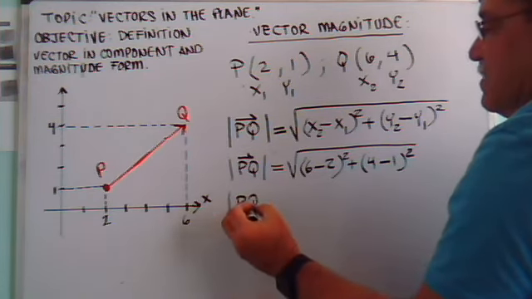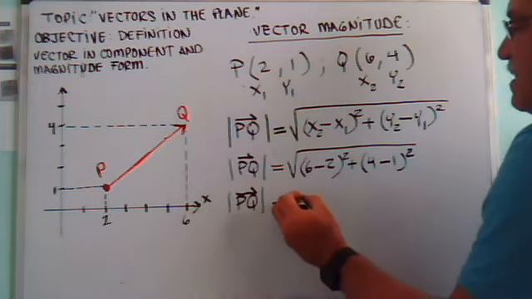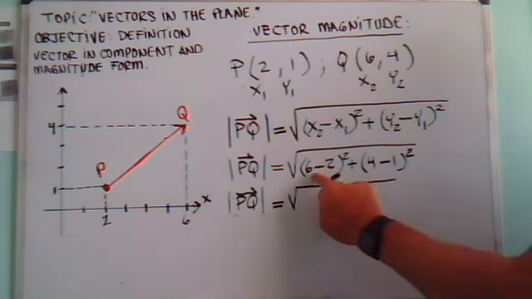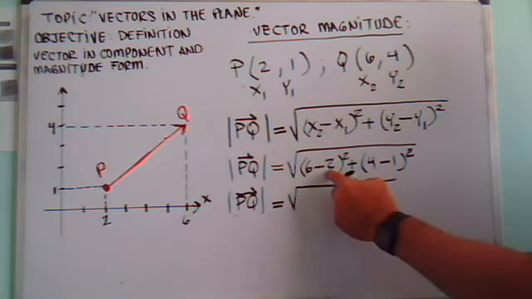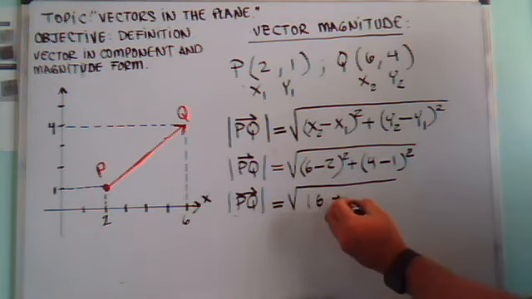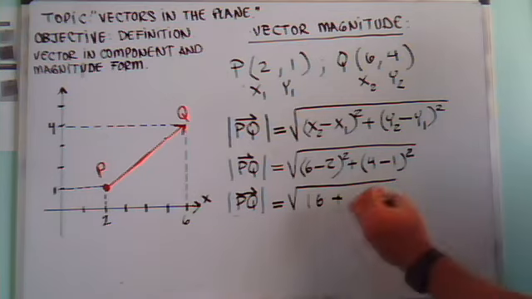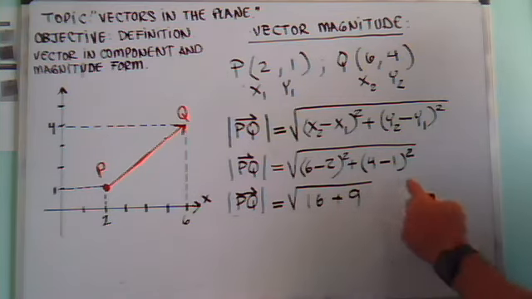So the magnitude of vector PQ equals the square root of: 6 minus 2 is 4, squared is 16, plus 4 minus 1 is 3, squared equals 9.